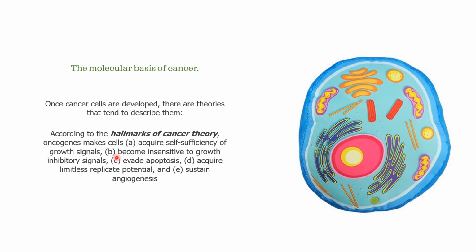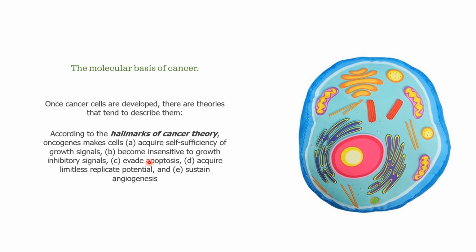Next one is B, it becomes insensitive to growth inhibitory signals. May mga signals na nag-inhibit ng growth. Yes, that's true. And then, nagkakaroon ng insensitivity kapag nagde-develop ng cancer. Next one is na-evade na rin ang apoptosis. Remember that since inactive na ang P53, which is the guardian of the genome, diba, P53 yung mag-i-initiate ng cell death.